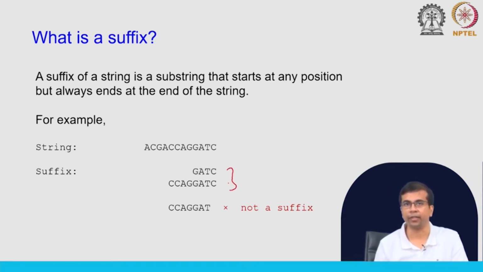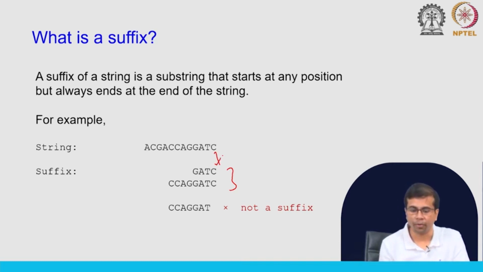Okay. So, we have GATC or the one below, and you can see they can start at any position in the string, but they should end at the end of the string, right. So, it should end with this ATC, right. So, it ends here at the end of the string. Okay. So, that is why these are suffixes.